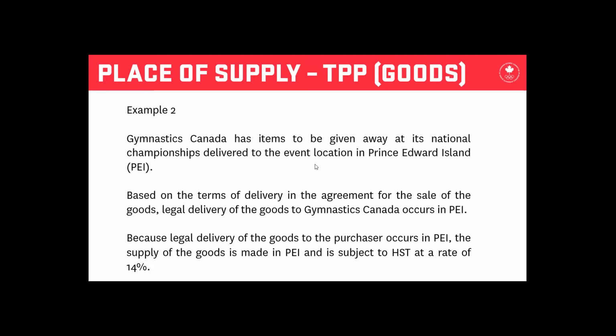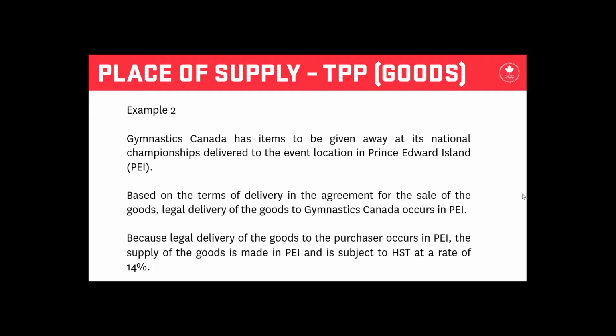The second example is where Gymnastics Canada has items to be given away at its national championships delivered to the event location in Prince Edward Island. And again, this is some legalese which you'll get used to if you read any of the documentation on the CRA website.